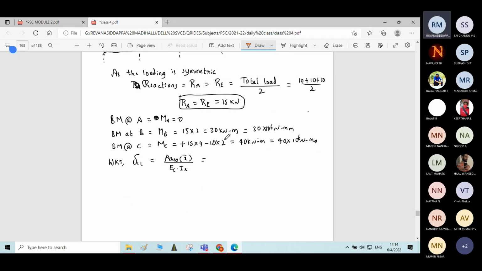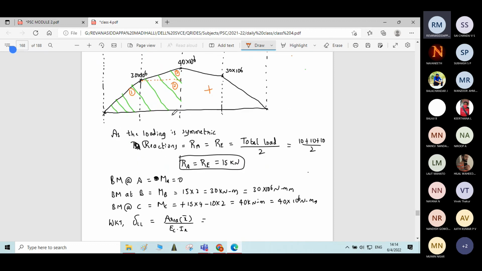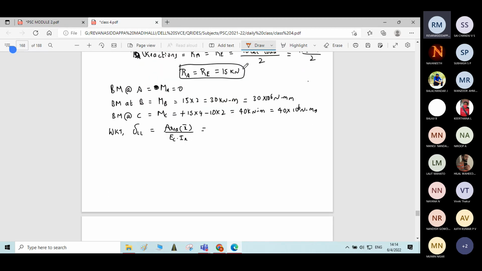Now expand this generalized formula with respect to this particular bending moment diagram. There are 3 components, so if we expand this formula, it will be A1 x1 bar plus A2 x2 bar plus A3 x3 bar, all divided by EC into Ix. Now you find A1, A2, A3 and x1 bar, x2 bar and x3 bar.